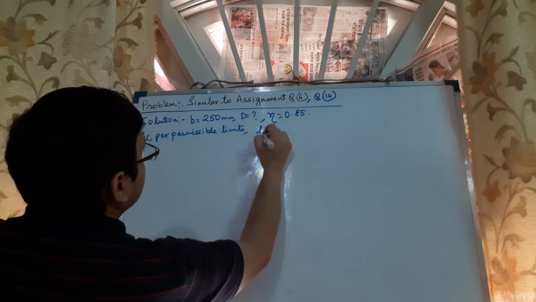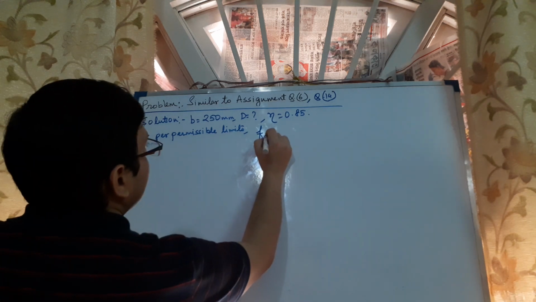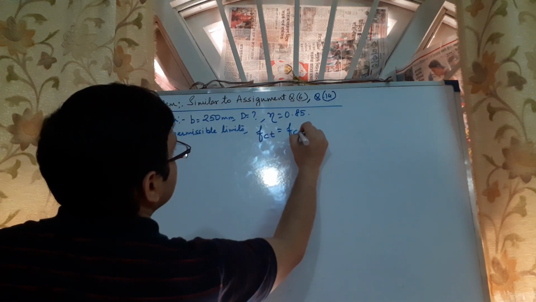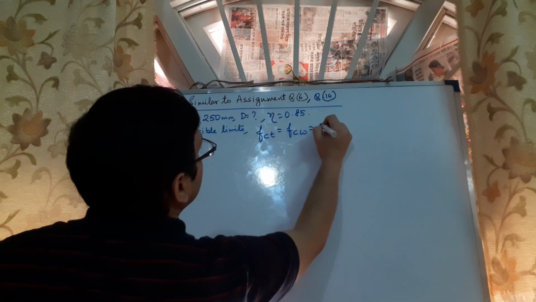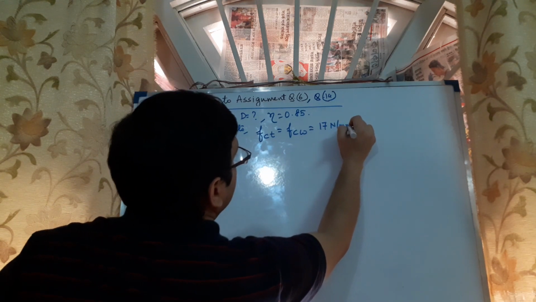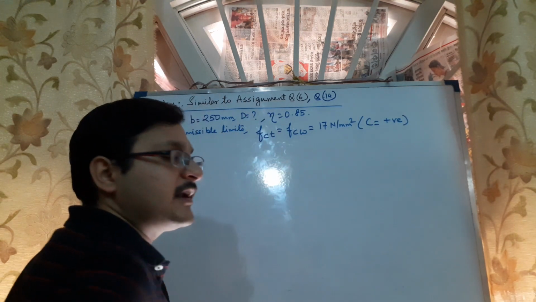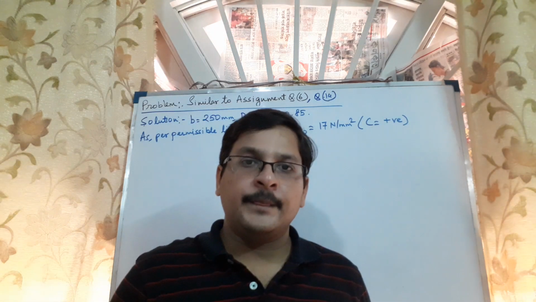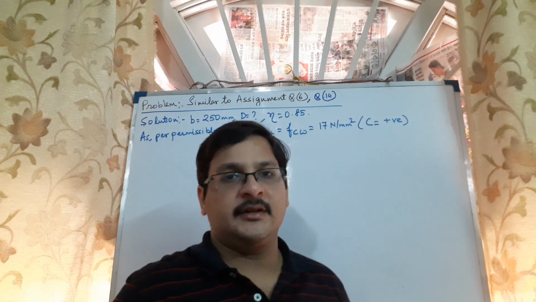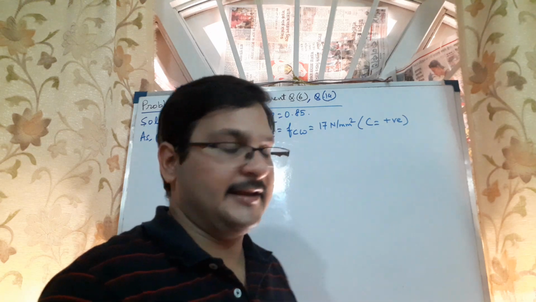it is given that, means what? Compression. So first we are taking the stresses for compression. So FCT, that is the compression at transfer, is equal to compression at working load, FCW, which is 17 Newton per millimeter square. We take compression as positive and tension as negative. If you see the Krishna Raju book of Prestressed Concrete, they have taken compression as positive and tension as negative.